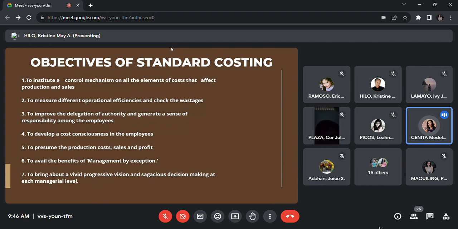Third, to improve the delegation of authority and generate a sense of responsibility among the employees. Fourth, to develop cost consciousness in the employees. Fifth, to presume the production cost, sales, and profit. Six, to avail the benefits of management by exception.